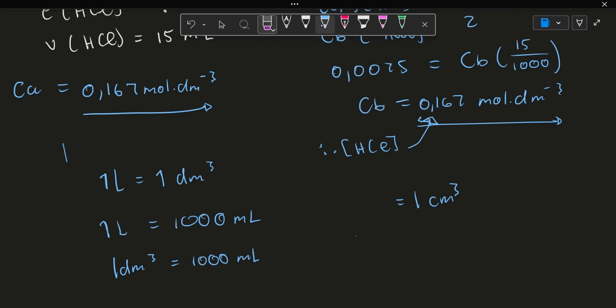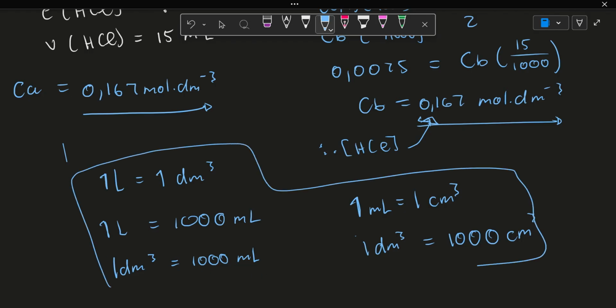Since 1 milliliter is equivalent to 1 cubic centimeter, that means that 1 cubic decimeter is equivalent to 1,000 cubic centimeters. Okay. Right, so these are just the conversions that I want you guys to have.